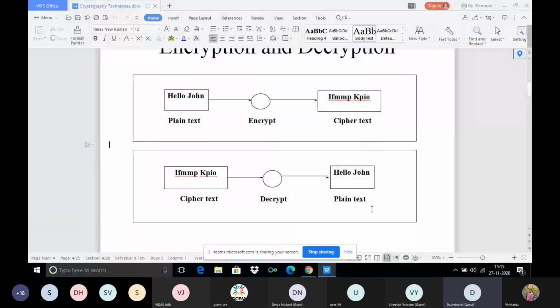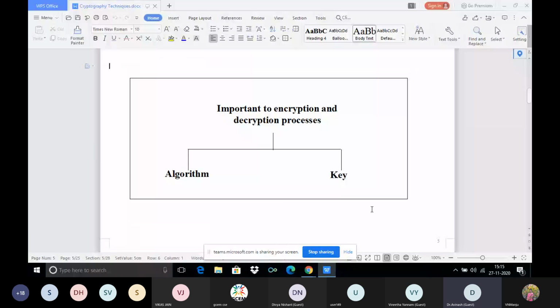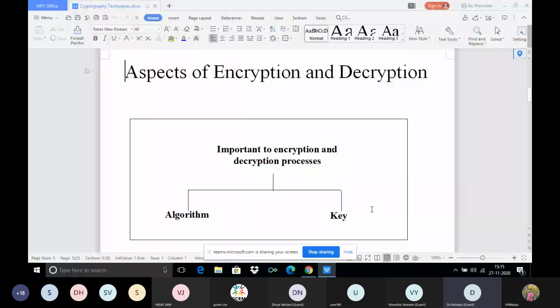There are different aspects of encryption and decryption, which I am explaining in a simple manner. The two different aspects of any encryption and decryption algorithm are basically the algorithm and the key. These are the important aspects of the process. That means you know which algorithm you are applying and how you are generating the key.